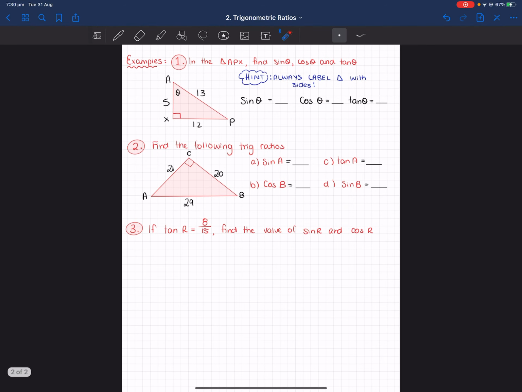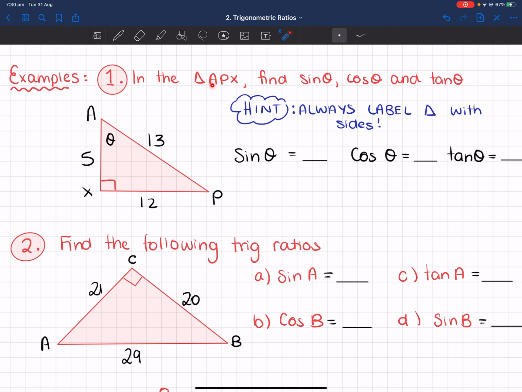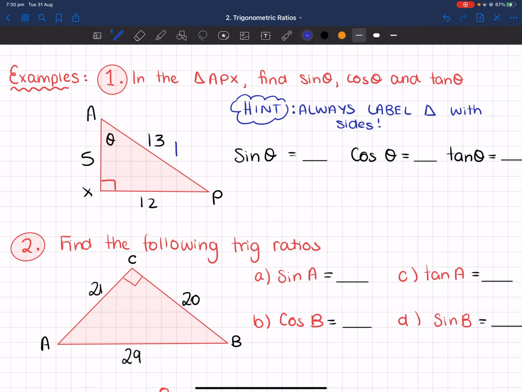All right, so let's get into the examples. Example 1. In the triangle APX, find sine theta, cos theta, and tan theta. With this triangle, this is our given angle, so we can label our sides accordingly. Remember, the hypotenuse is always the side directly opposite the right angle.